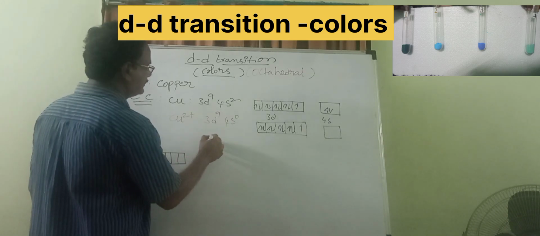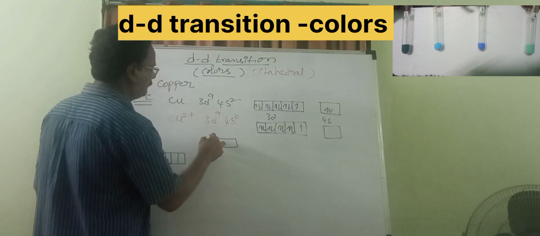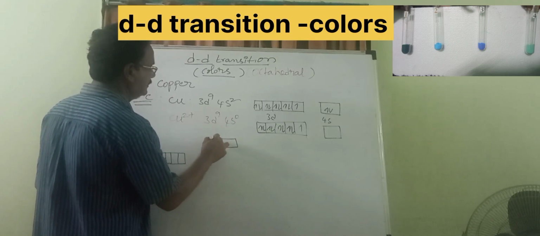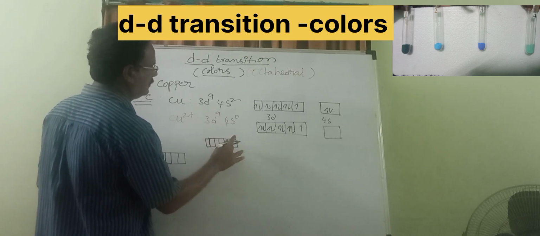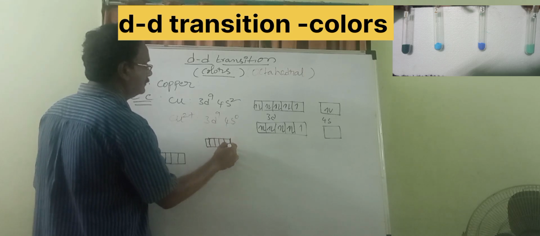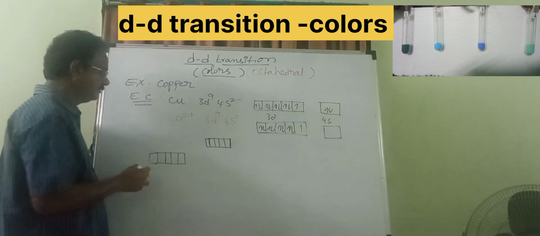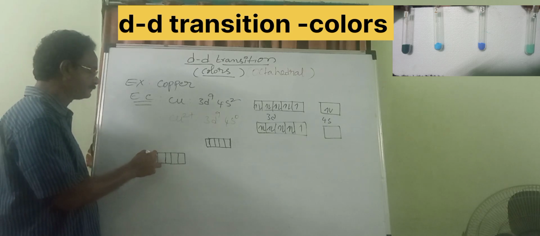When a field strength is applied, then the first level of excitation takes place. In the first level of excitation also the 5 d orbitals are degenerate. Okay, see now the electronic configuration.